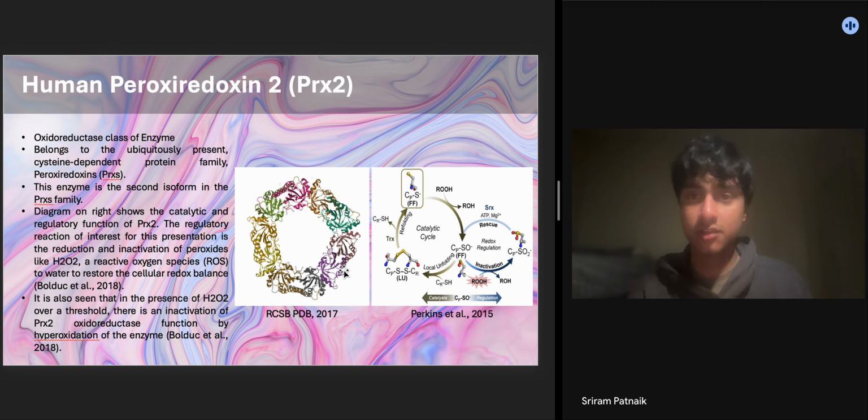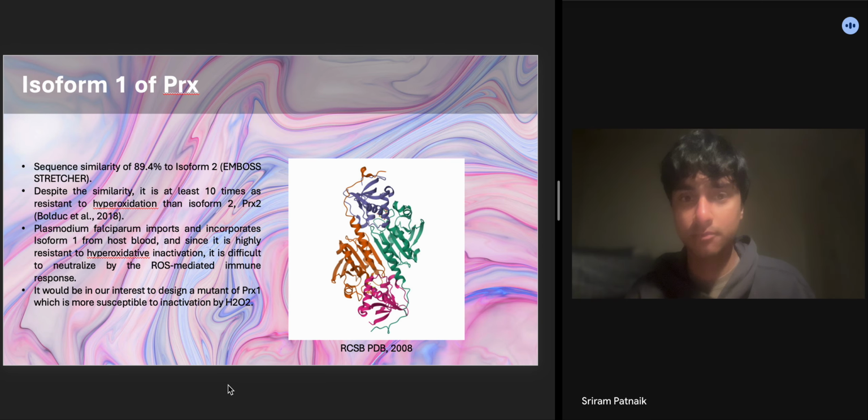It is peroxiredoxin 2's job to reduce this ROS, this reactive oxygen species, to restore the redox balance. It has also been seen that in excess of H2O2, there is an inactivation of PRX2's oxidoreductase function due to hyperoxidation. And we'll talk a little bit more about that in the future.